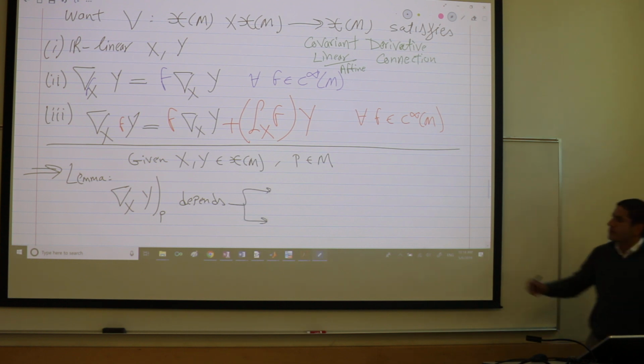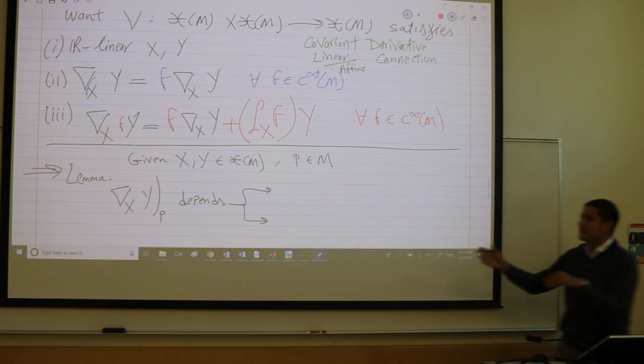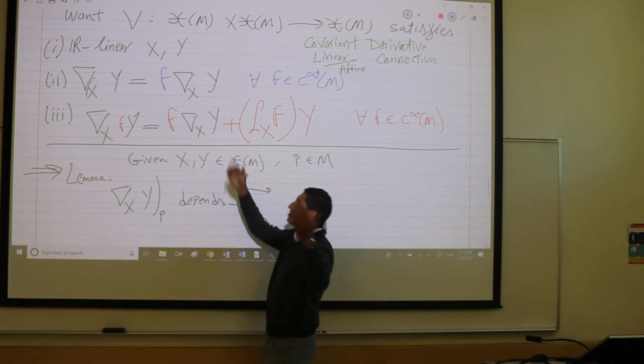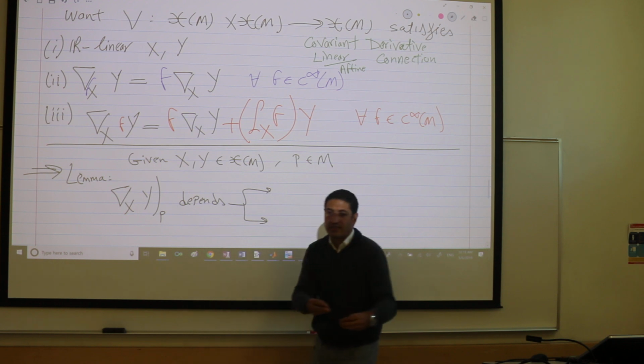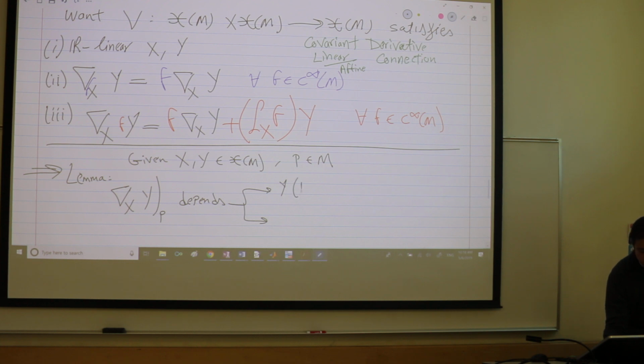Does it depend on the values of y over the entire M or just locally? Does it depend on the values of x over the entire M, locally, or just at the point? You can prove immediately that it depends on the values of y over just a very small neighborhood.